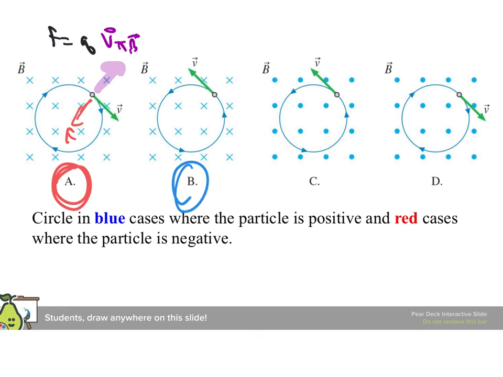If I look over at case C, I put my index finger that way and my middle finger coming out, and again I see that V cross B is outward, but I need the force to be inward, so this has to be a negative particle, and that tells us this other one has to be a positive particle.